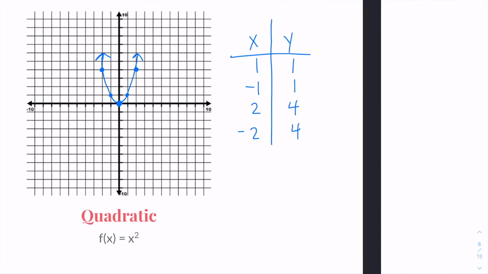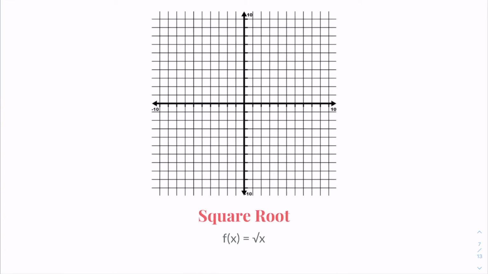Next parent function is the square root. We can only take square roots of non-negative numbers to get real outputs. Therefore, we start at the origin. Then let's create a table of values where our inputs are perfect squares. When our input is 1, our output is 1.